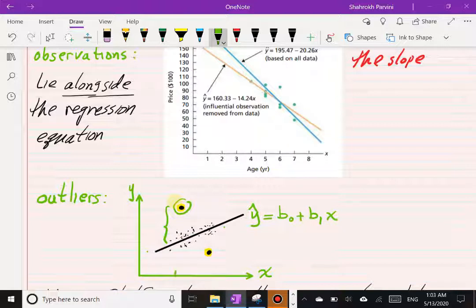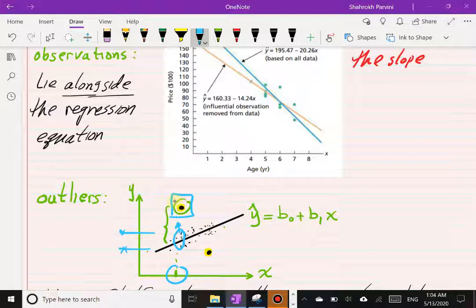And for that level of x, you would expect the data to suggest points that are on or about there, within this much range, from here to here. That would be the range of y values for this given x value. But look at this one. It actually sits away from the rest of the group.